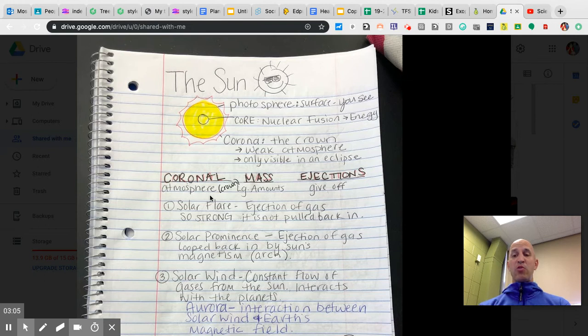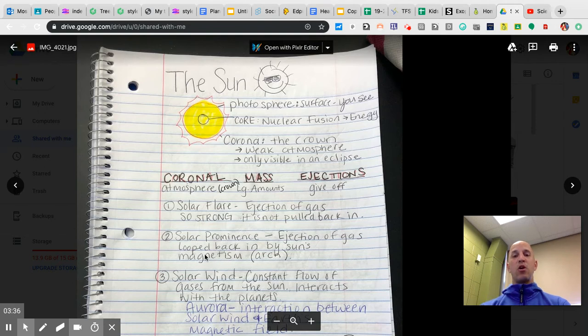This is where you saw stuff flying off of the sun yesterday, and there are different types too. The first one we showed you was a solar flare. Solar flares are ejections of gas so strong it is not able to be pulled back in. So when you saw those ejections of gas leaving the sun and not being pulled back, that's what's called a solar flare. Today in class, we did a Kahoot, and you saw some pictures of solar flares.